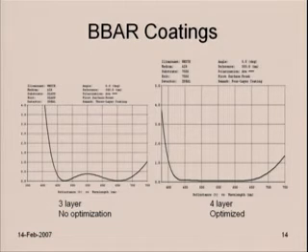What's interesting is on the left we have a graph of a standard 3-layer coating, not a 1-layer coating. I'm told these 3-layer coatings are quarter, half, quarter wave coatings of different index of refraction materials, and you can see that they get below 0.5% reflectivity. And on the right is an optimized coating. It's 4 layers thick, and it's been optimized to the index of refraction of the underlying glass.